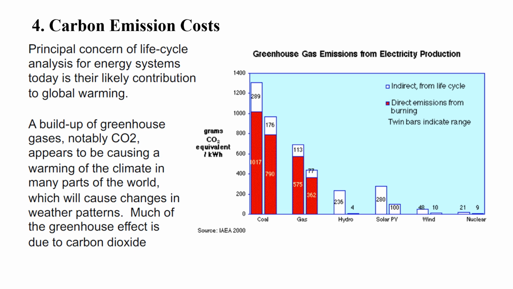And these are the bar graphs of greenhouse gas emissions from electricity production, comparing coal, gas, hydro, solar, wind, and nuclear. As you can see, there is a high indirect emission of greenhouse gases in your coal. Also, your direct emissions from burning are high. Also in your gas, there's still a high direct emission.